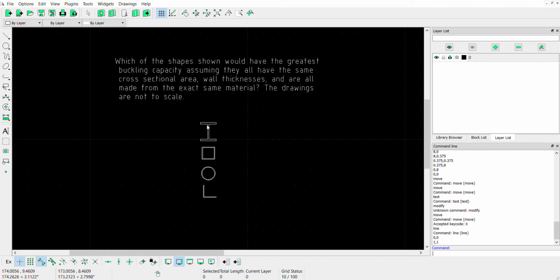So if we're looking at the cross section, it'll buckle out this way, unless it's braced against that buckling, but maybe it has a very long unbraced length about the other axis. It could buckle that way, but that would be rare. The thing to know about this shape is there is a weak axis and a strong axis.